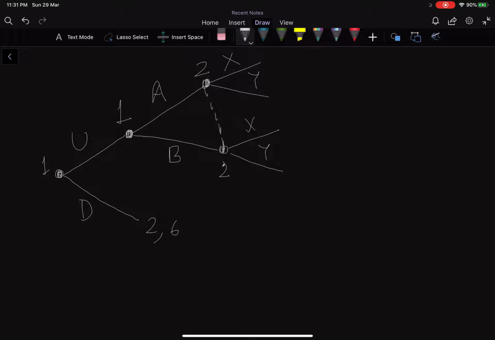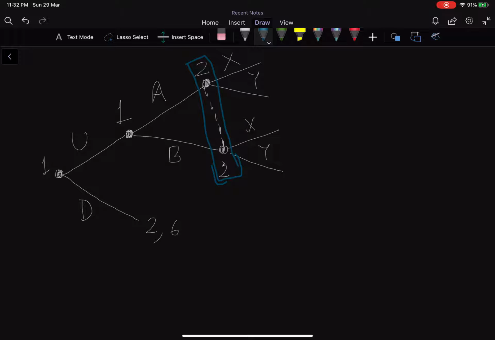So 2 knows that it is sitting in one of these nodes, but doesn't know which one of the two. So what does 2 know? 2 knows that 1 has chosen U. That much 2 knows, because if 1 had not chosen U, 2 would not get a chance to move, since the game would have ended right away if 1 had chosen D. The fact that 2 now gets a chance to move tells 2 that 1 has played U, but 2 doesn't know what 1 has chosen after choosing U, whether A or B. So when 2 makes a decision sitting in that information set, 2 is unaware whether 1 has chosen A or B.